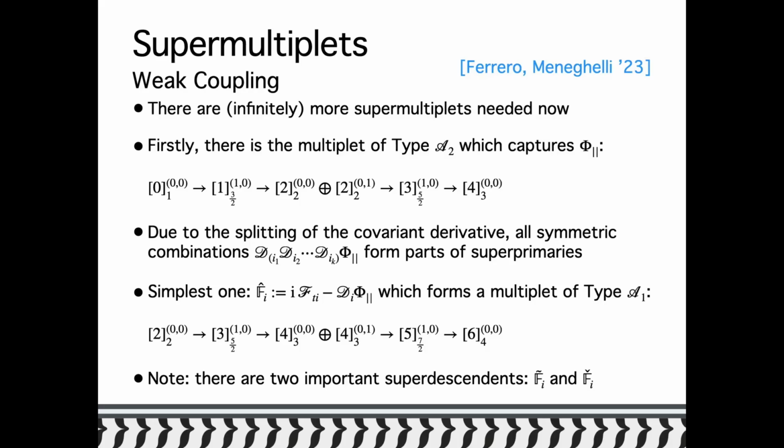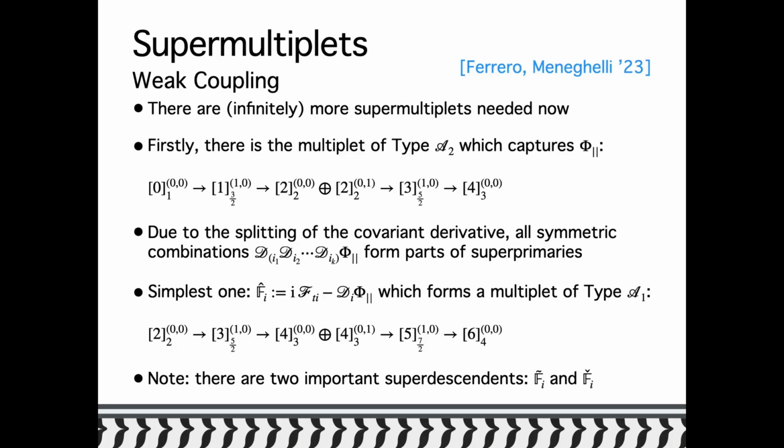I had also made a comment a few slides ago that because the covariant derivative breaks into derivatives along the line and orthogonal to the line, derivatives orthogonal to the line again generate superconformal primaries. So indeed, for every symmetric combination of covariant derivatives orthogonal to the line, acting on this parallel scalar, we will get at least a part of a superprimary of a new super multiplet of type A1.